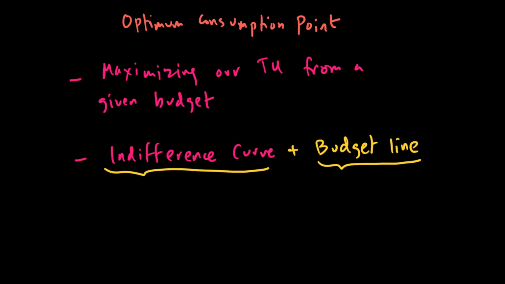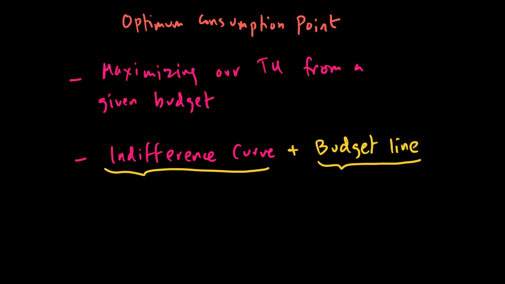And as a consumer, I would like to consume along the highest possible indifference curve. Highest possible indifference curve means that the one indifference curve that is to the right will give me more satisfaction than the one on the left. So as long as I could afford it, I would want to be on the highest possible indifference curve, which will help me achieve my goal of maximizing my total utility from a given budget.